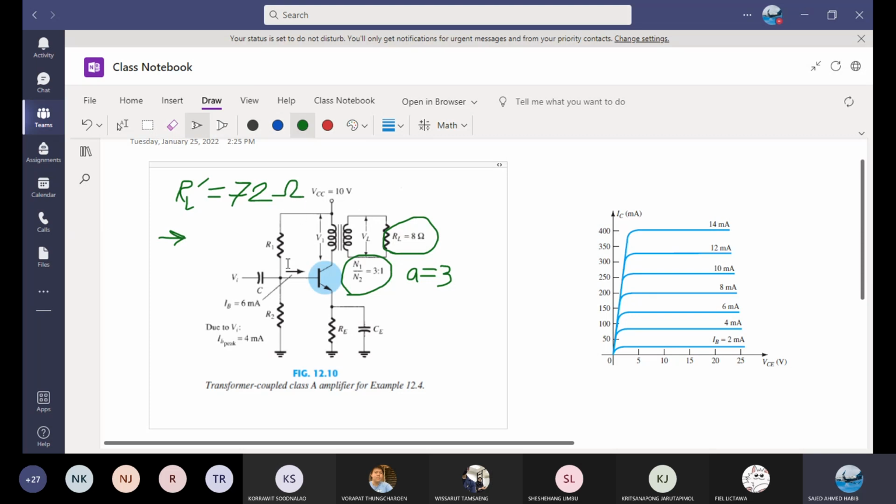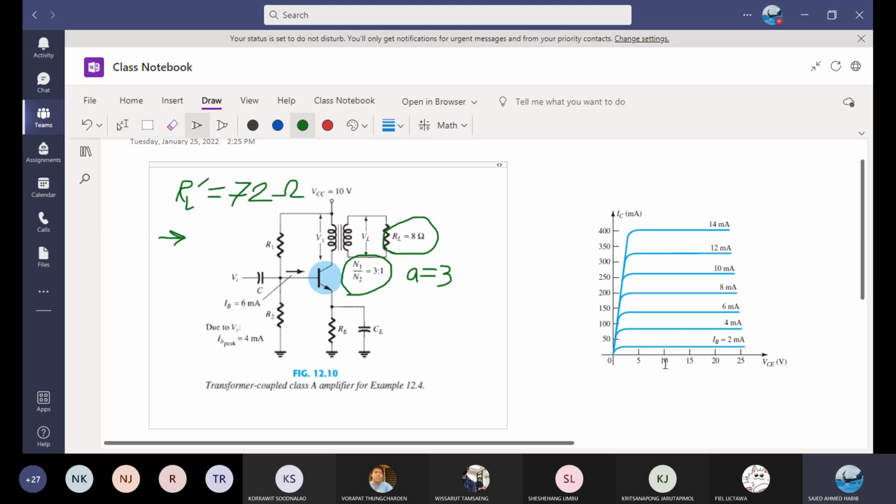First, what is the first step? Draw. What do you draw? Draw the DC load line. So we have determined that because of the transformer ideal winding resistance, which is a negligible few ohm, VCC equals VCE. They are equal.